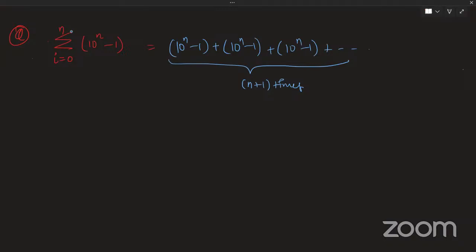So this is my answer. You get it now? Yes, sir. Because I don't have i in the function, no matter what value of i I put, my term remains the same.